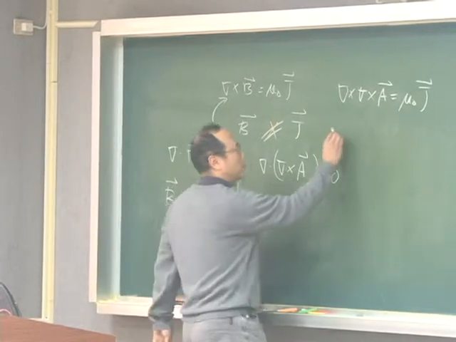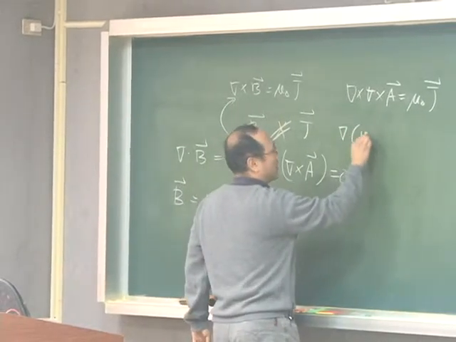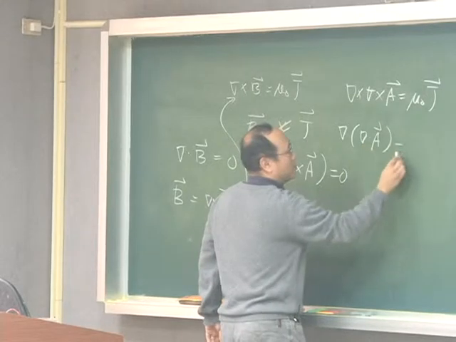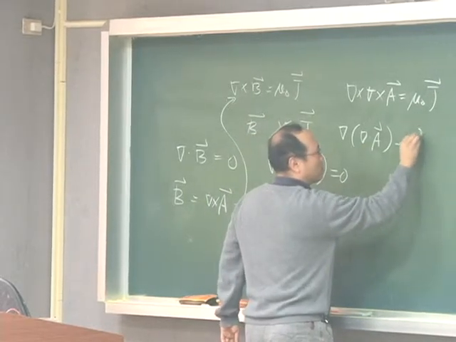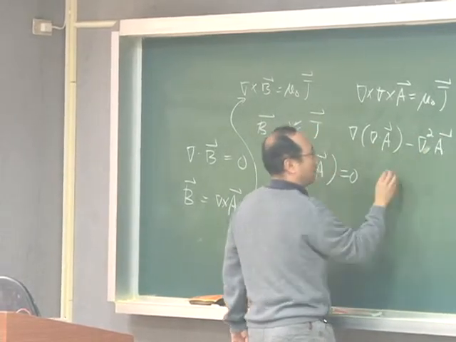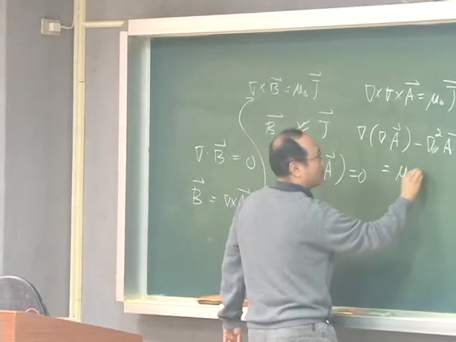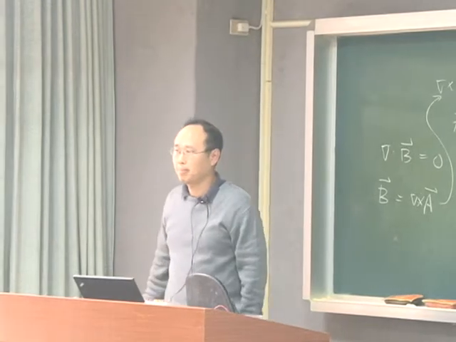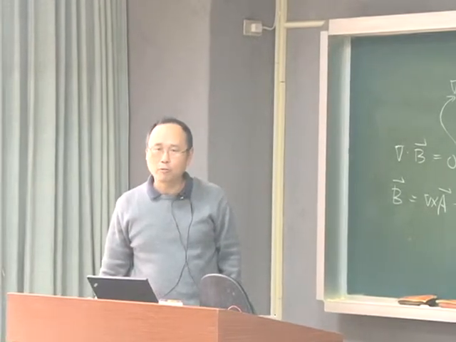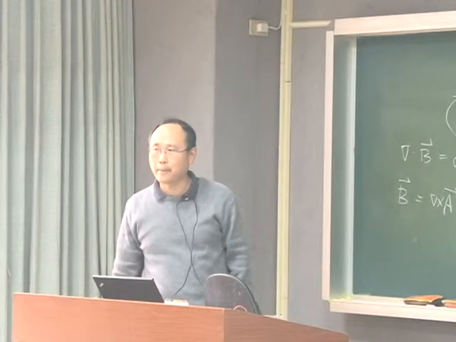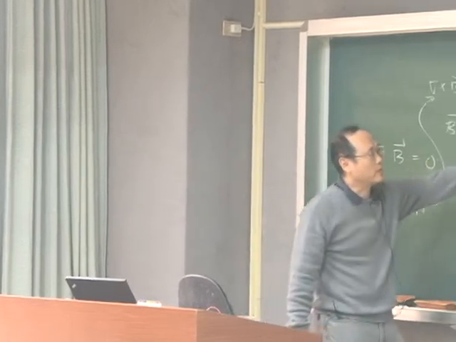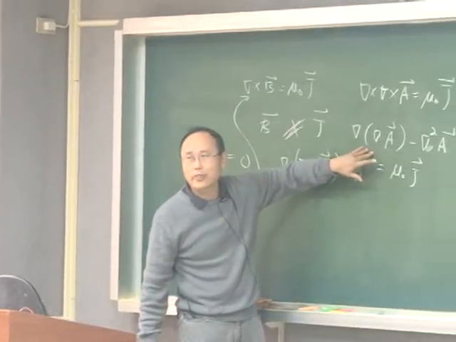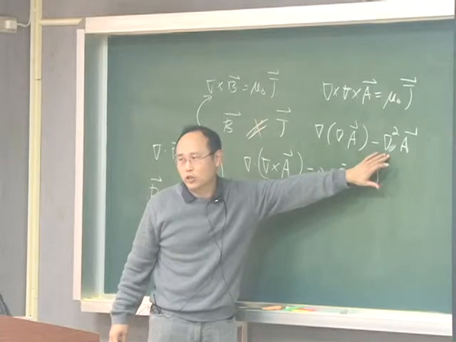The first term is gradient of divergence of A minus this vector Laplacian. And then on the right hand side you have mu naught J. Okay. If you go back to chapter 3, you can write down this expression based on the definition of the vector Laplacian.